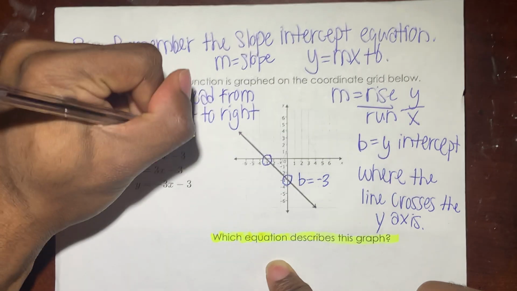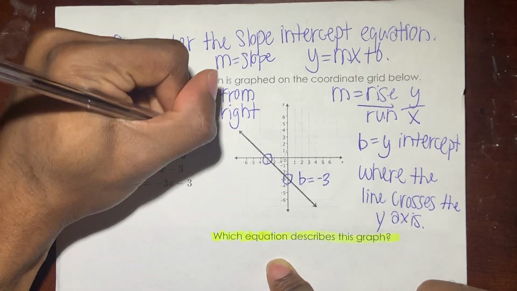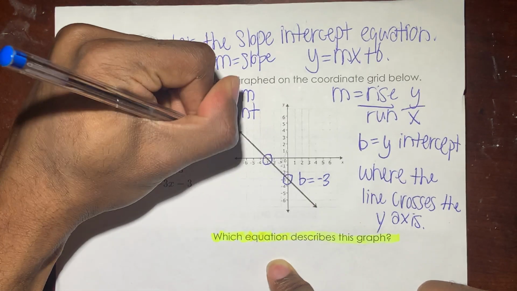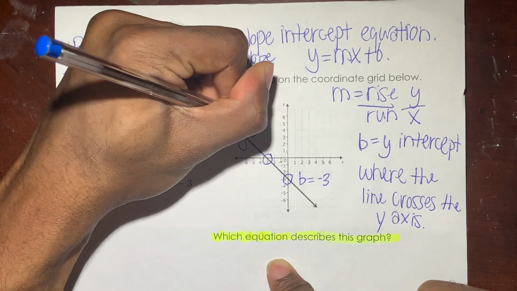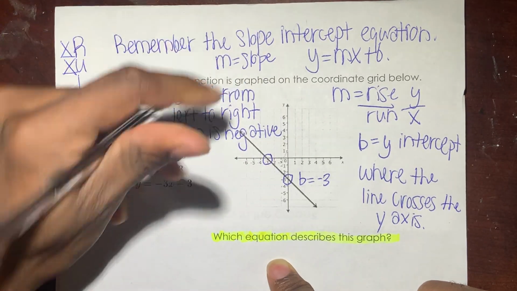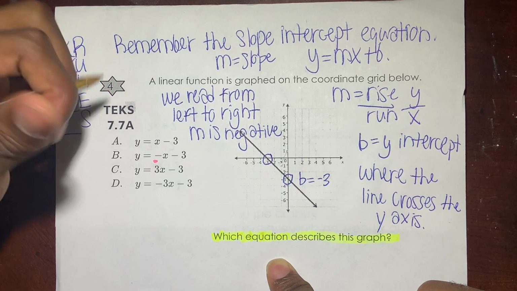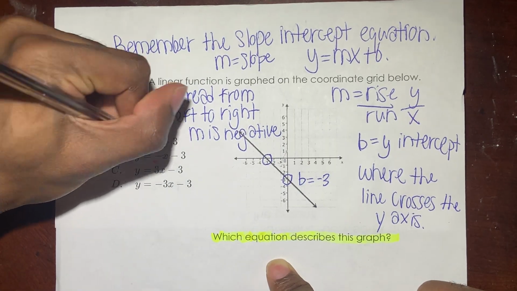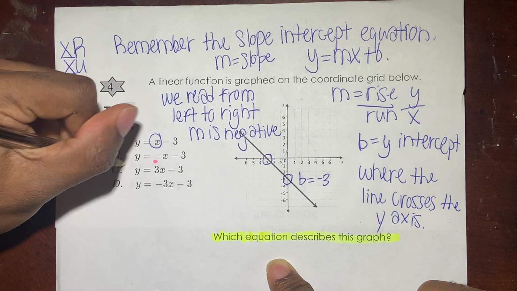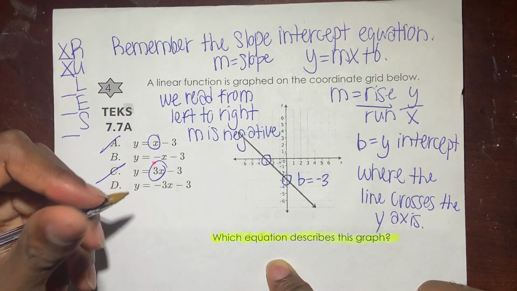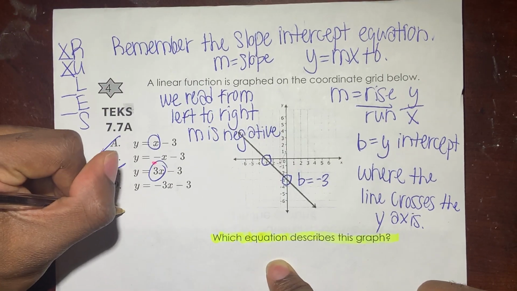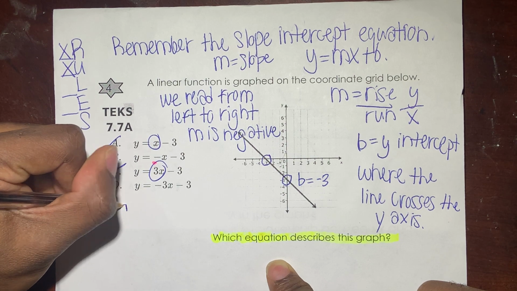So we know that our slope m is going to be negative, because the graph is going downwards from left to right. So it can't be A because the slope is positive, and it cannot be C because the slope is positive.